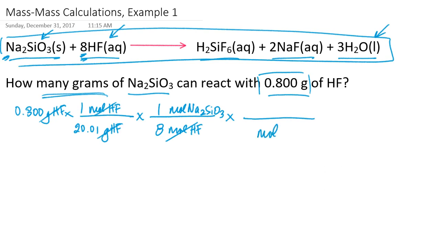So I need to convert from moles of sodium silicate to grams of sodium silicate. And if I go ahead and calculate the molar mass, again, I'll leave it to you to verify, but there are 122.1 grams of sodium silicate in 1 mole of sodium silicate.